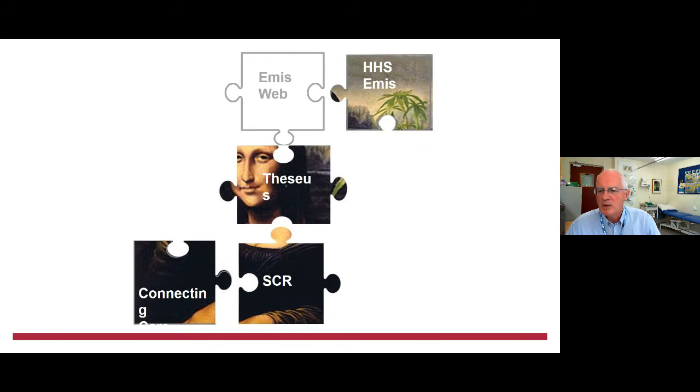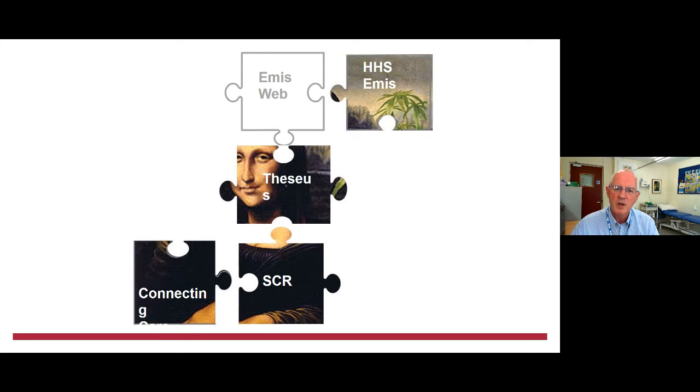So I'm already going to be asking you, you think you know what the picture is going to be, and just hold that in your mind. So this is called Theseus, this next piece of the jigsaw. And if patients are asking for opiate substitution therapy, which Sarah was, it's very important for me to know whether they have left prison with a prescription for methadone or buprenorphine or something like that, because of their heroin addiction.